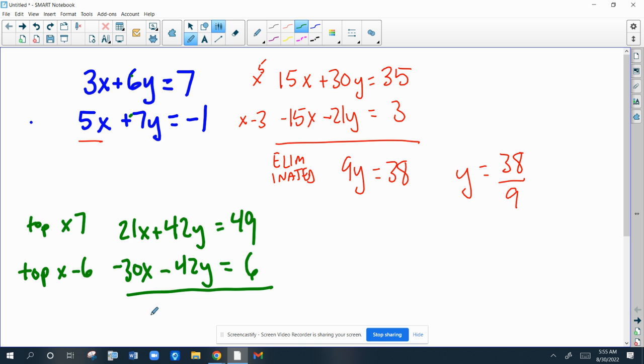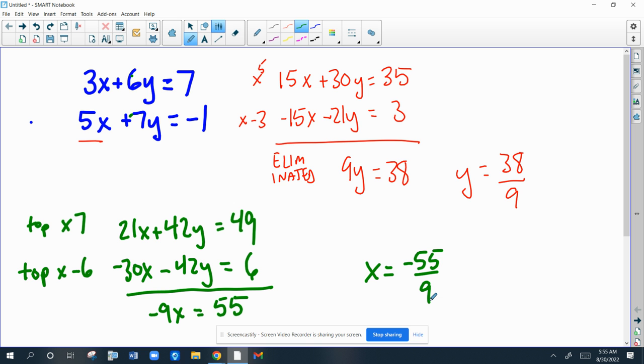I'll have negative 9x. The y's are eliminated, and that equals 55. So that means x equals negative 55 over 9.